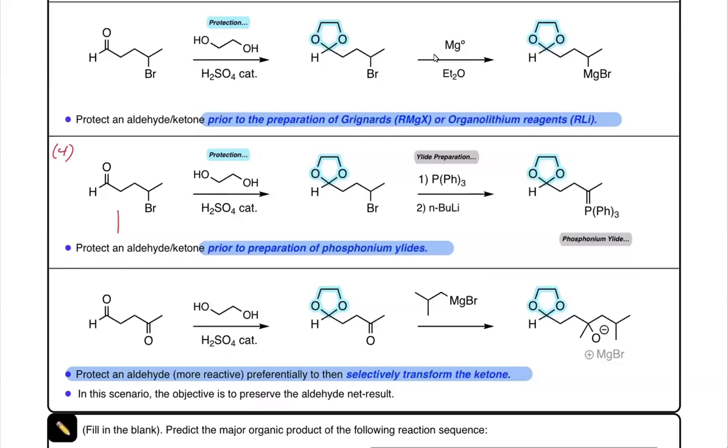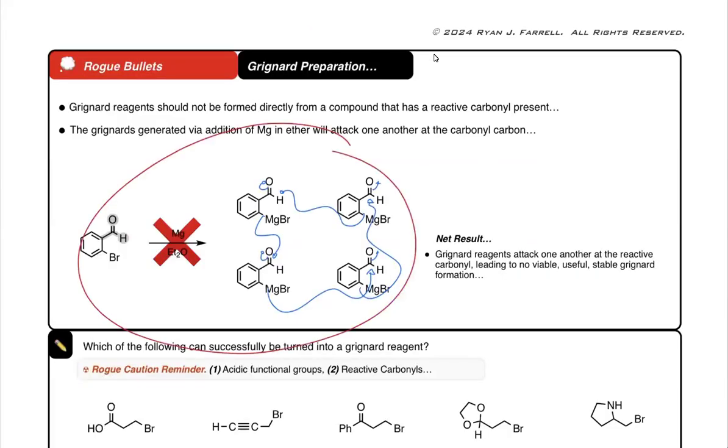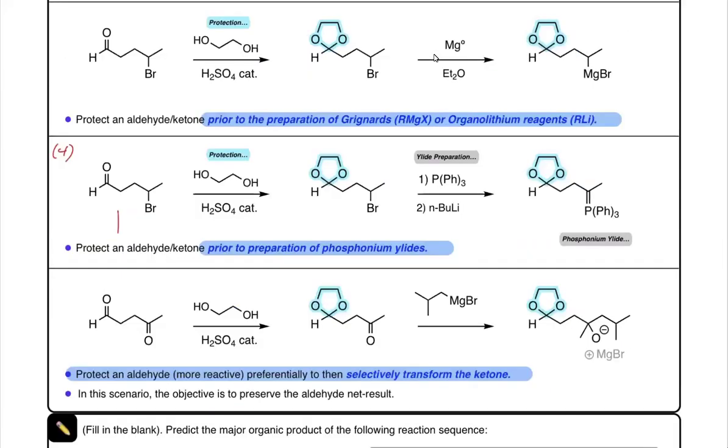That would be a comparable scenario to what we showed here. We would generate an ylide that reacts with the aldehydes present. And so what I would want to do first is protect the aldehyde, and then I can go through my 2-step process of generating my phosphonium ylide. That would be our fourth scenario of protecting.